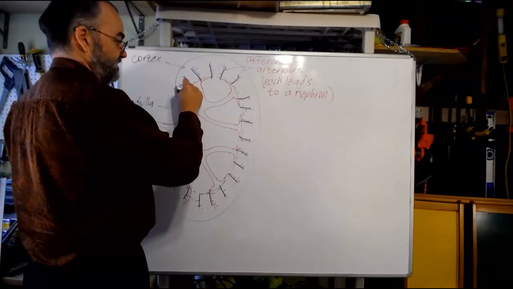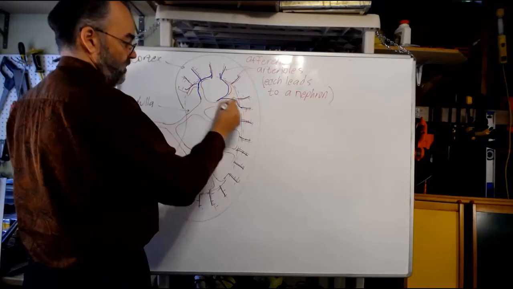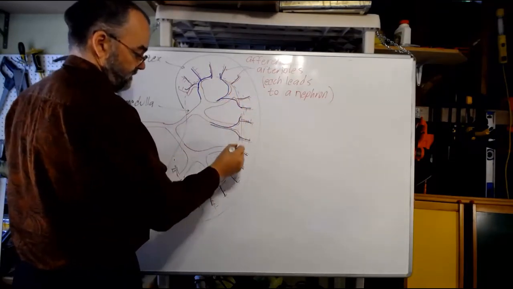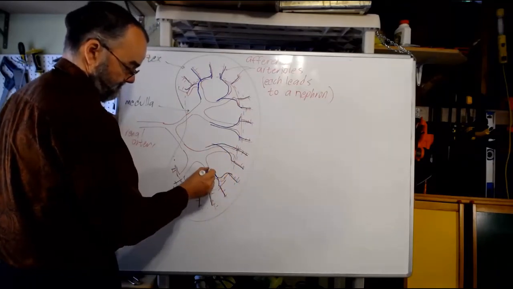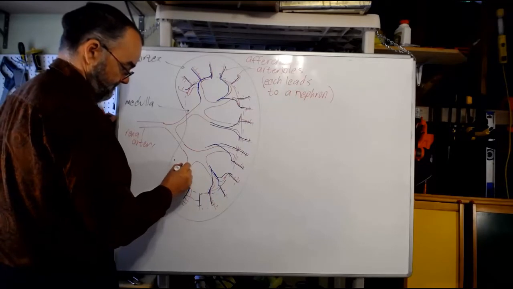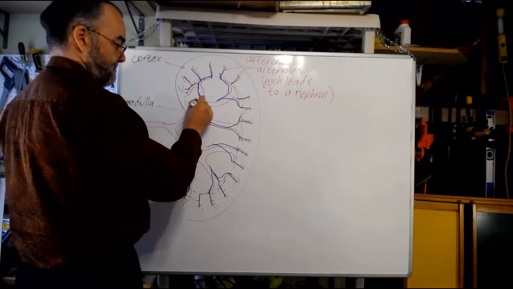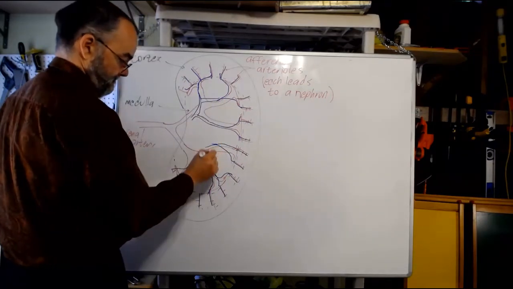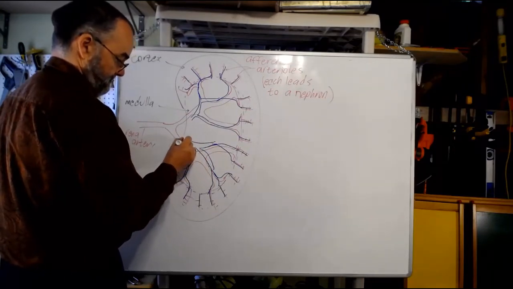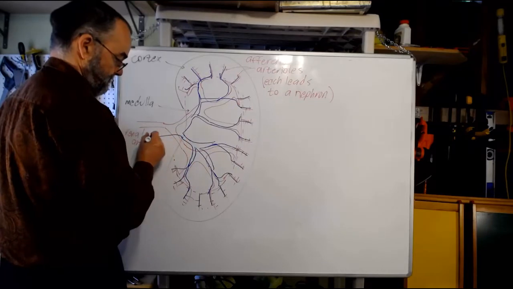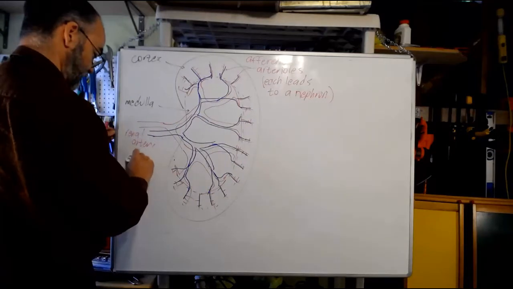Those veins feed into veins that come alongside the ones that arch across, and those are now coming together into larger veins that then leave the kidney as the renal veins.